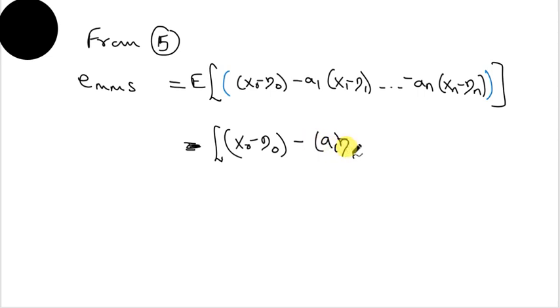So minus of a1 eta 1, and then minus of minus will become plus. So I'll have minus a2 eta 2 and so on. Now try to expand this and check if you are getting the same value as you are getting here. So this would be minus of a1 eta 1, a2 eta 2 plus etc. plus an eta n. So this is what we would be getting.